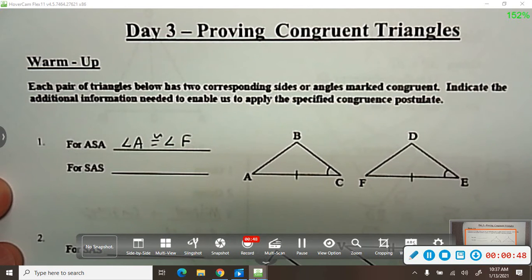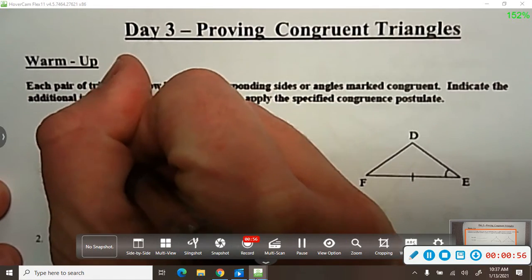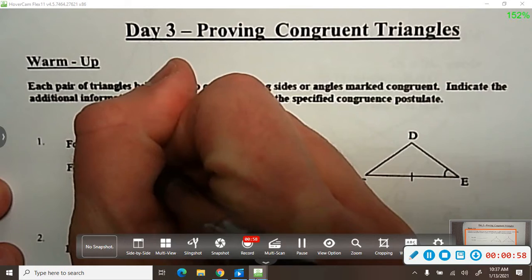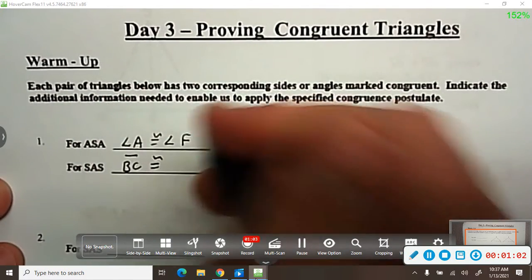If you wanted to prove by SAS, you would need to know that BC is congruent to DE.